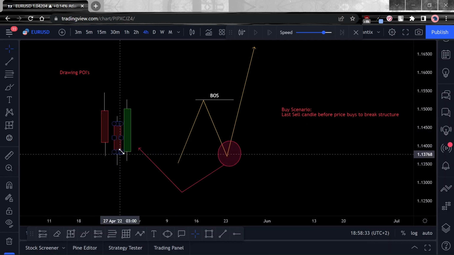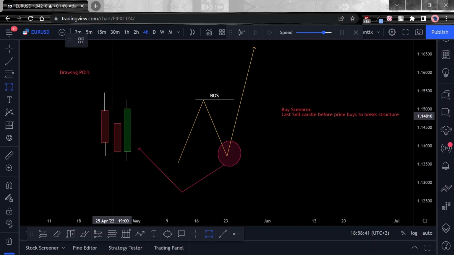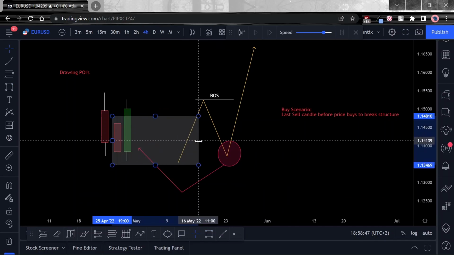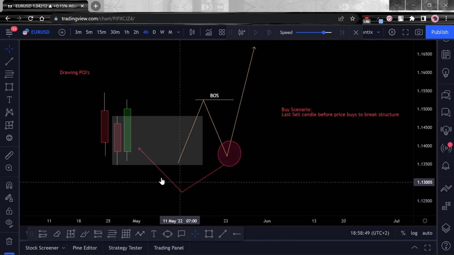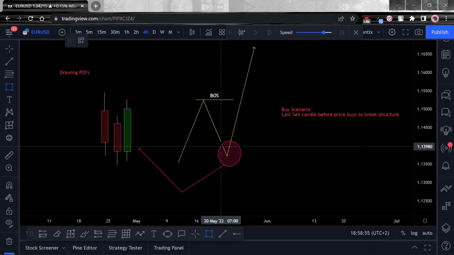That has been printed right before we saw a bullish candle push to the upside. So what we simply want to do is mark that last and lowest sell candle and highlight it like this.